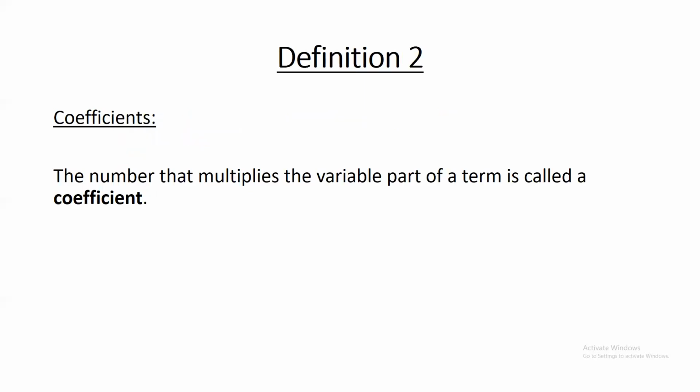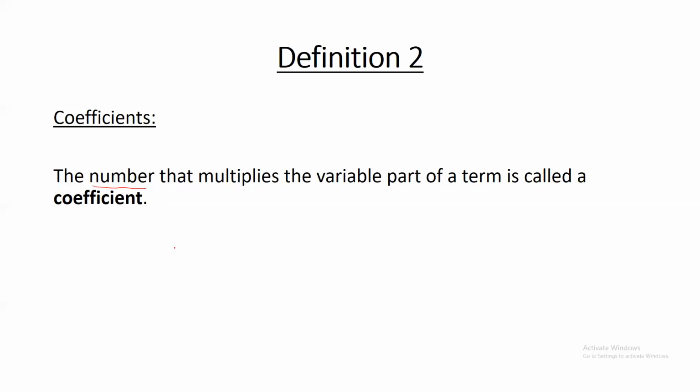Okay. The other definition that I want you to be familiar with is coefficient. Now, a coefficient is the name that we give the number that multiplies the variable part of a term, right? The number.